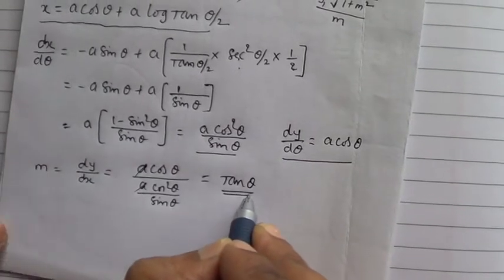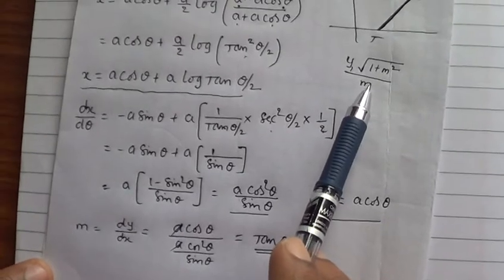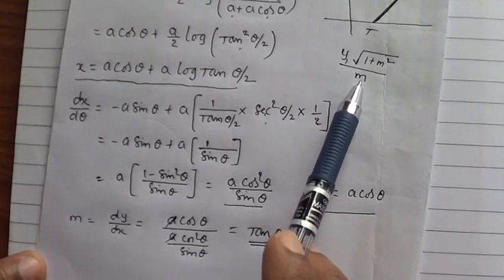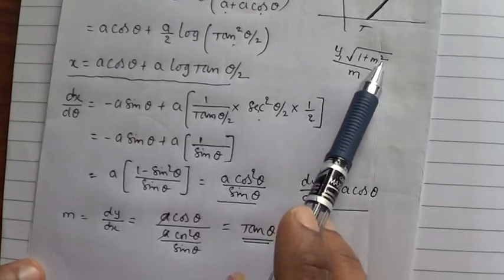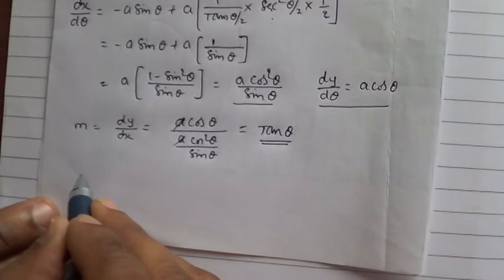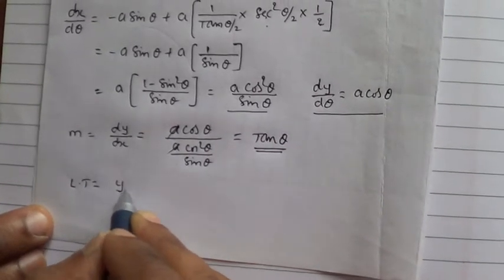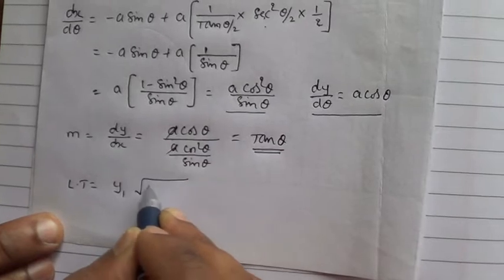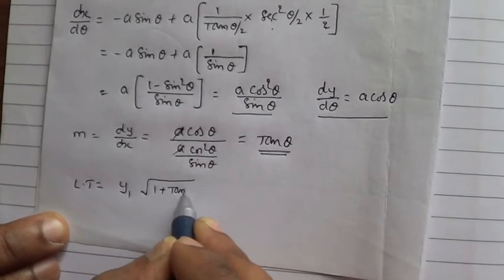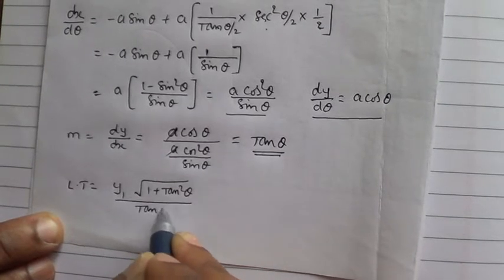Okay, but we have to find out what I told earlier. We have to find out the length of the tangent. Length of the tangent is y1 into root over 1 plus m square divided by m. That's what we are finding here. You can observe length of the tangent is equal to y1 into root over 1 plus tan square theta divided by tan theta.